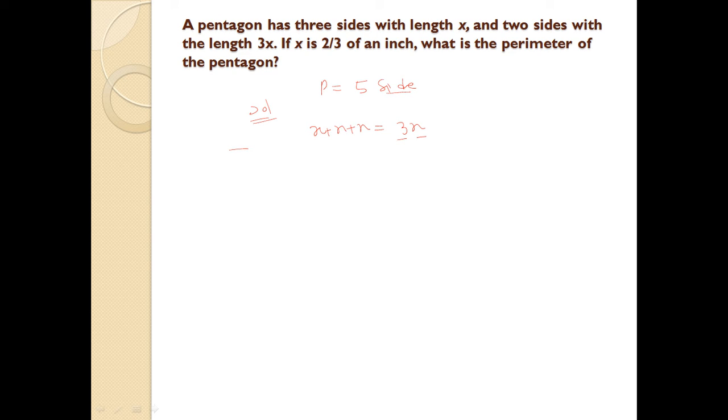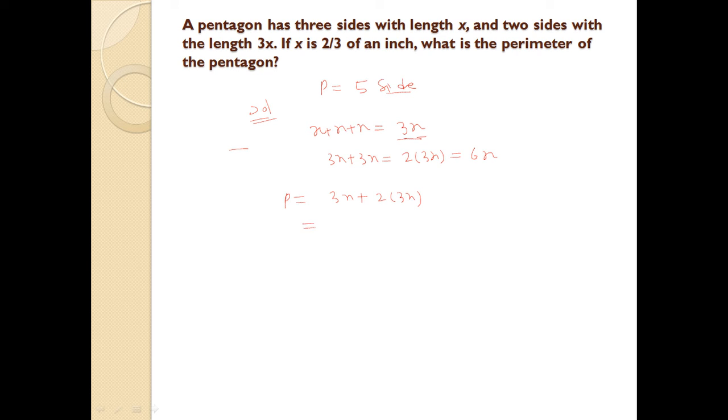And 2 sides with length 3x: 3x plus 3x is 2 into 3x, which is 6x. So the perimeter is the summation of all these sides, 3x plus 2 into 3x.